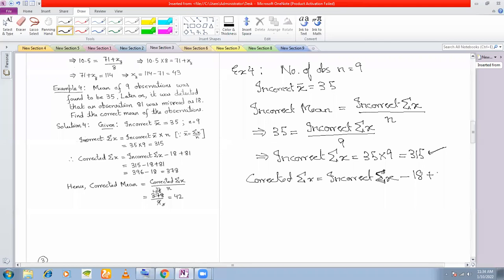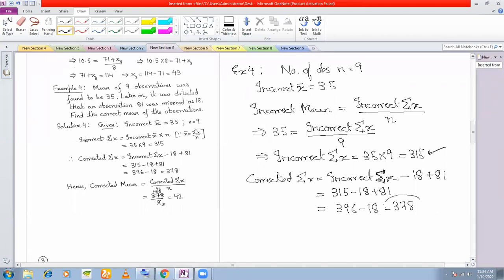And you add the correct value. Is this step clear? Yes, sir, clear. Okay. So this comes out to be 315 plus 81 will give you 396 minus 18. So this will give you 378.